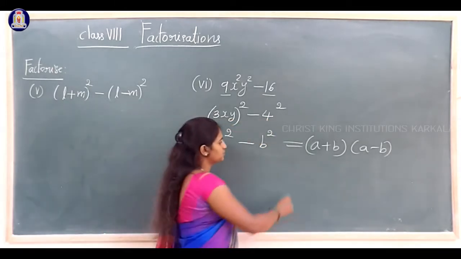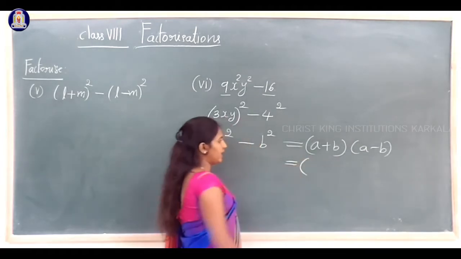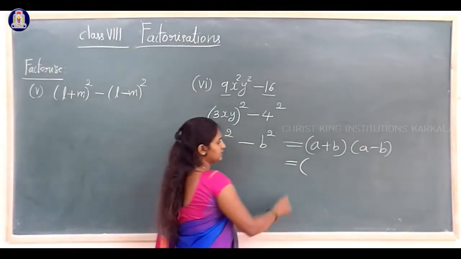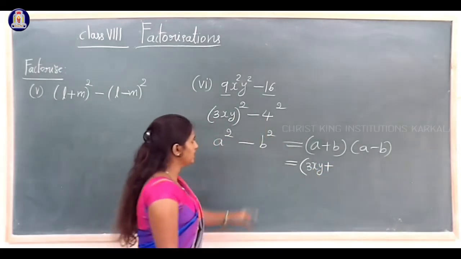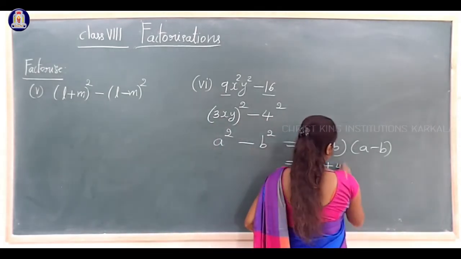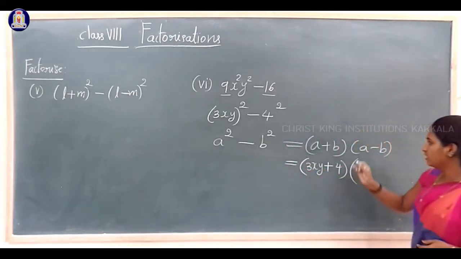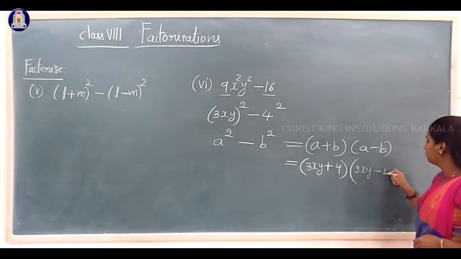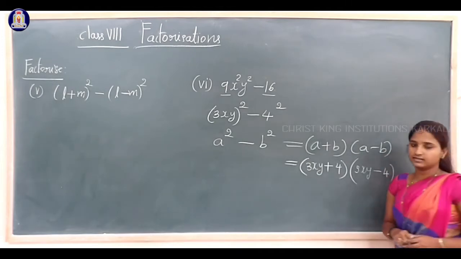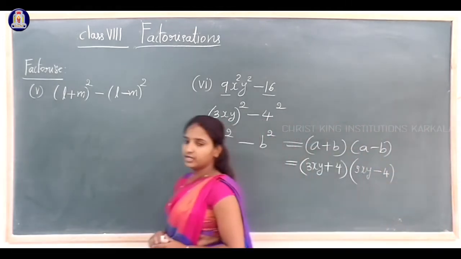So here substitute in the formula. What is a? A is 3xy, plus what is b? B is 4. So again, what is a? A is 3xy. B is minus 4. So these are the factors of the given algebraic expression.